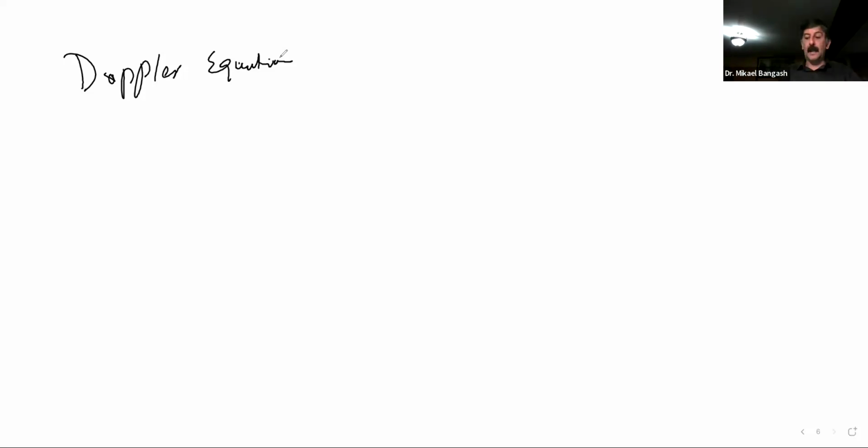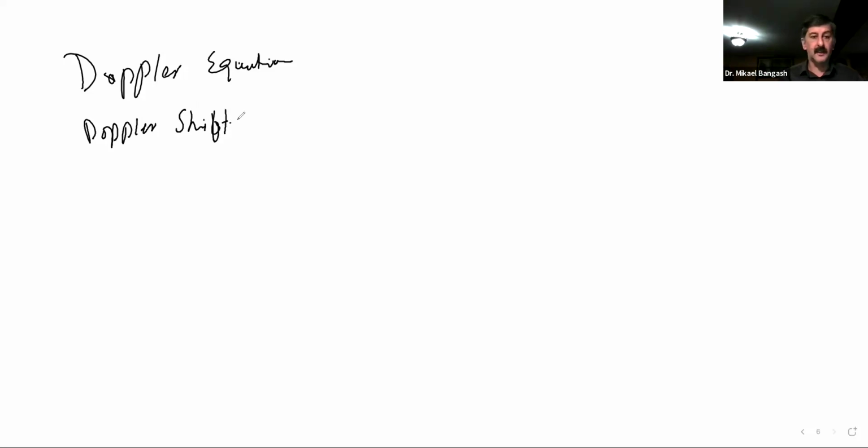Okay, guys, Doppler equation. Now we call this a Doppler equation. And as I said before, it's not really an equation that you will have to remember, but you are at least required to remember the relationships.